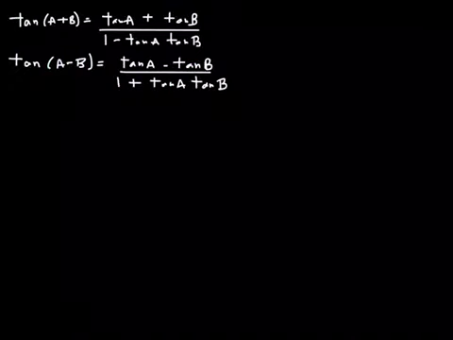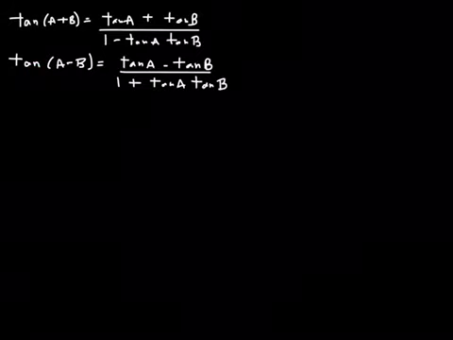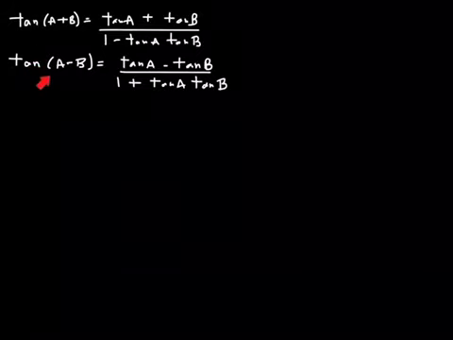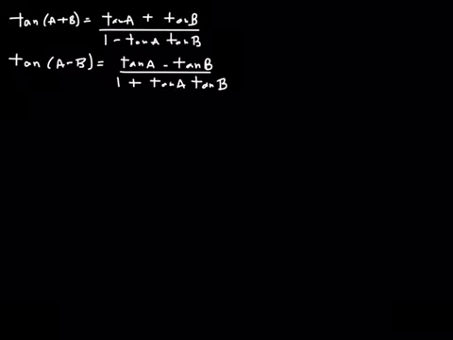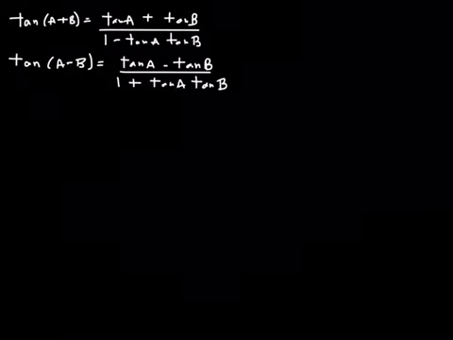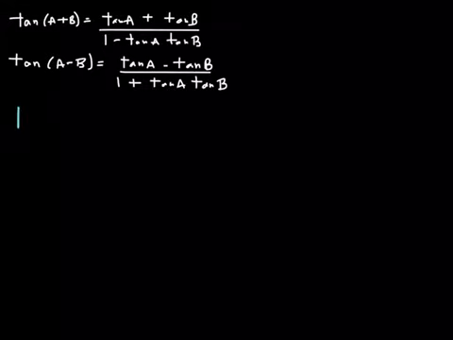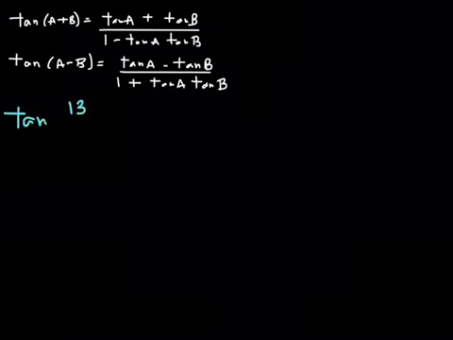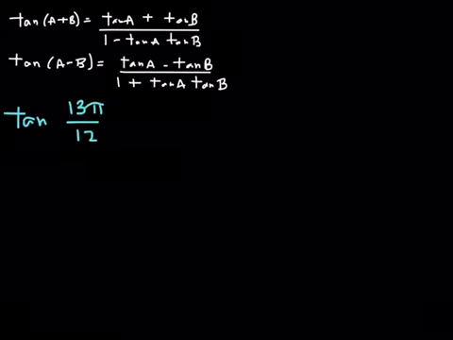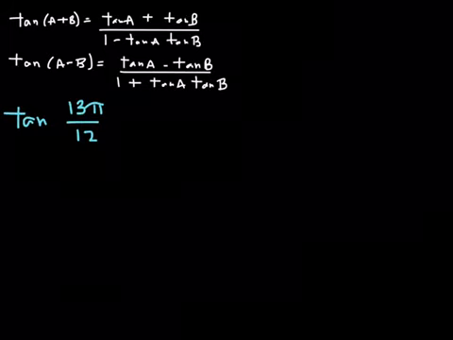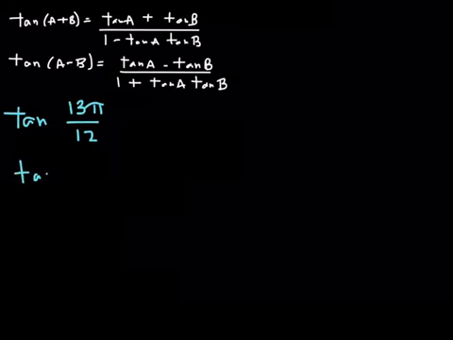All right, everybody. I have very sloppily written the sum and difference identities for tangent. All right? So that we can reference them for this next part. They want us to find tangent of 13 pi over 12. All right, now we all know that 13 pi over 12 is not one of our special angles, so we're going to rewrite this as a sum.